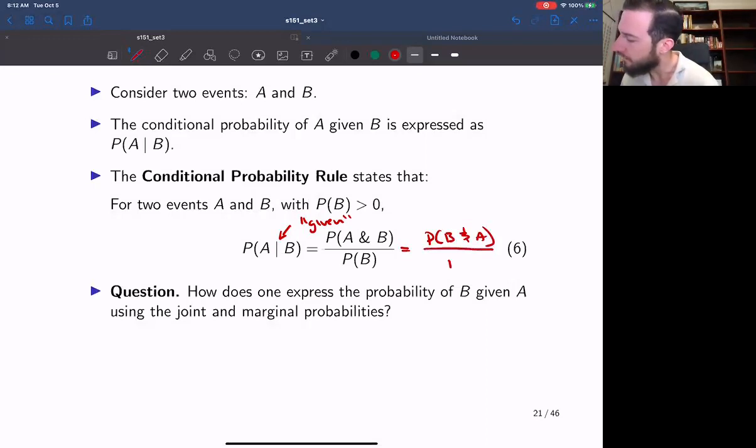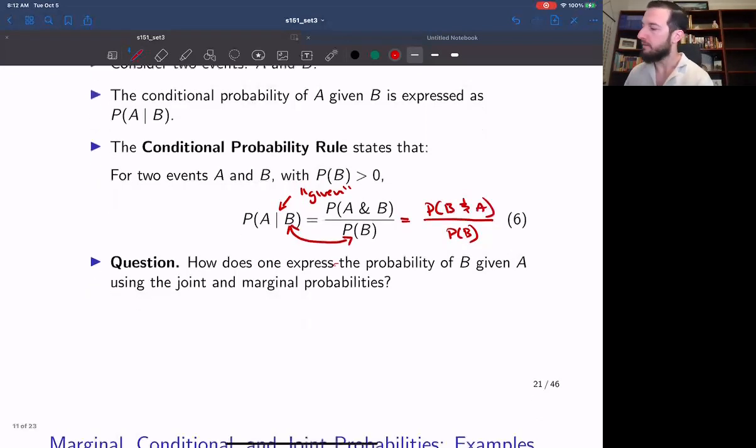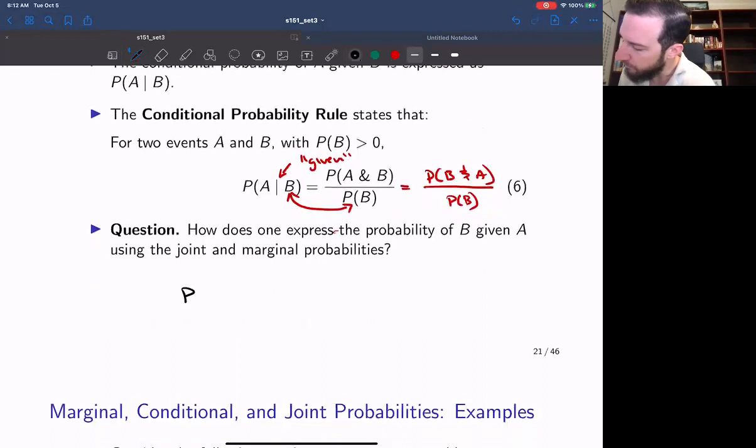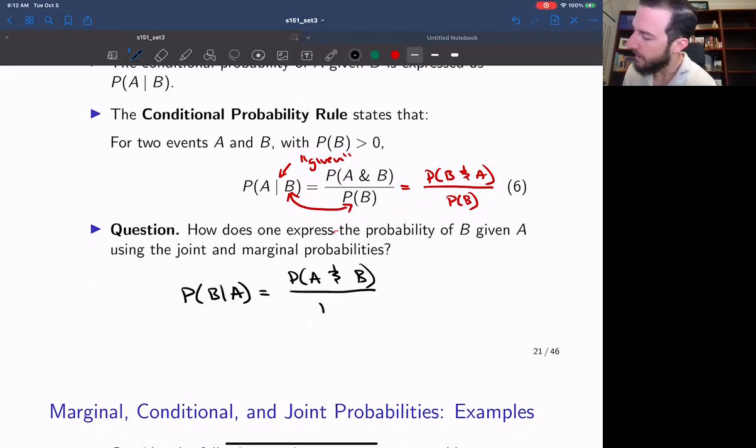But what does matter is that in the denominator we have event B. So whatever we condition on is what gets placed in the denominator. For example, if we were to consider the probability of B given A, this would have the same numerator, but we would now be dividing by P of A.